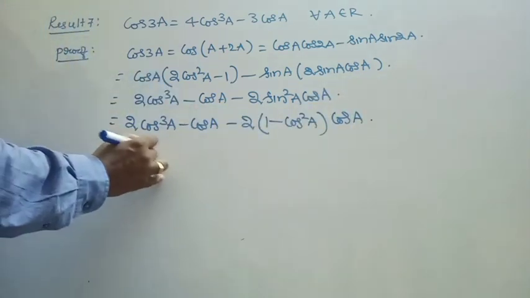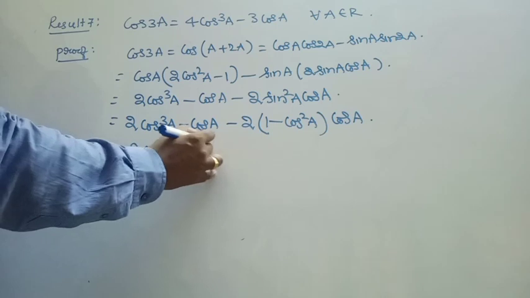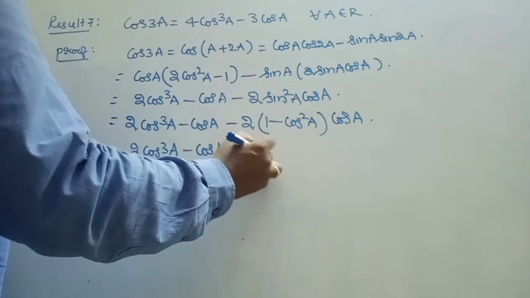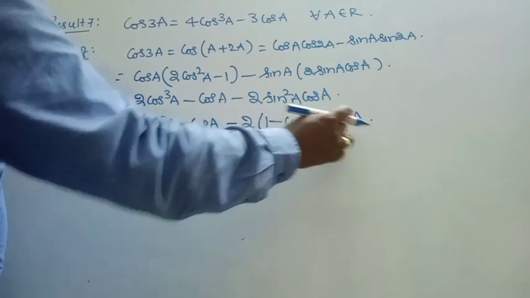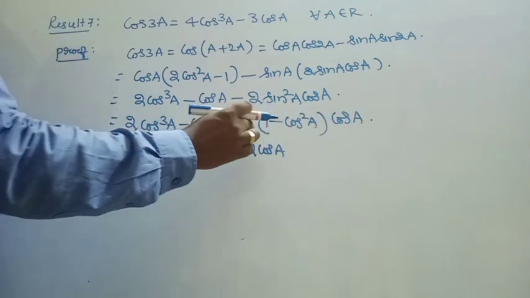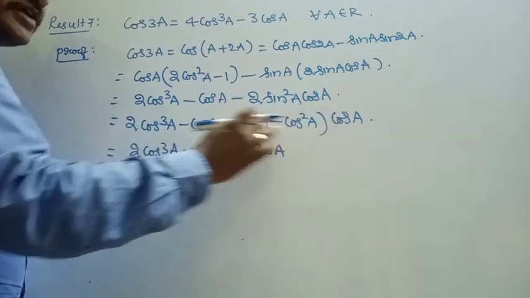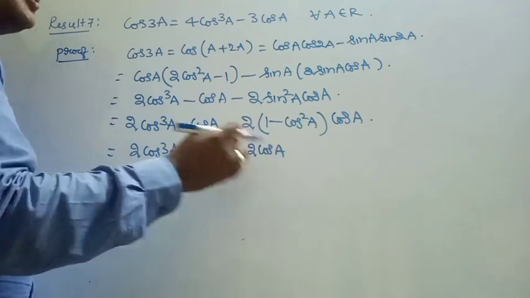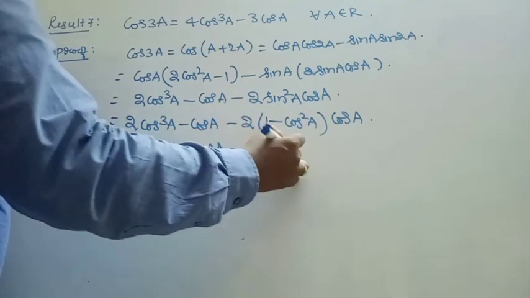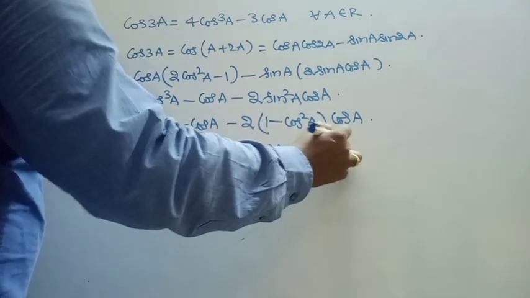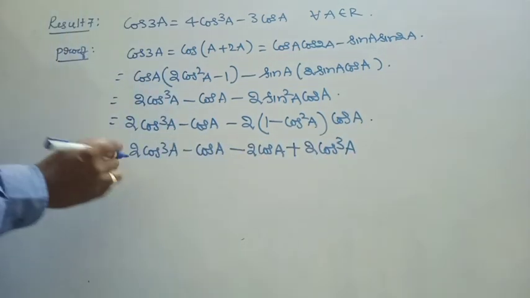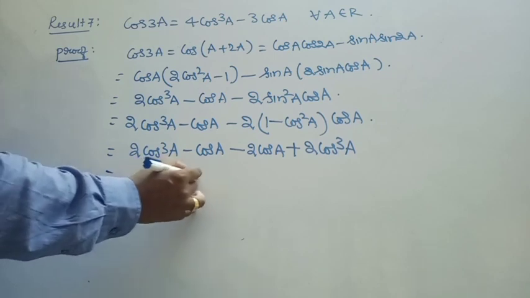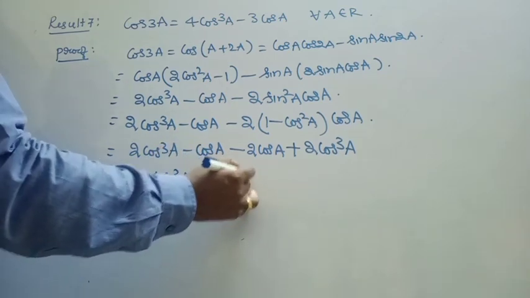Now this is equal to 2 cos cube a minus cos a minus 2 cos a plus 2 cos cube a, minus into minus is plus. Now this is equal to 2 cos cube a plus 2 cos cube a, which is nothing but 4 cos cube a minus 3 cos a, like this.